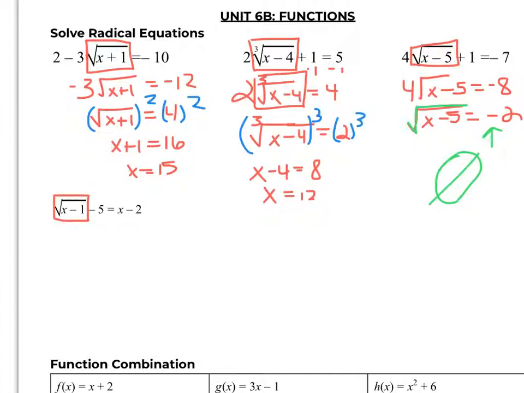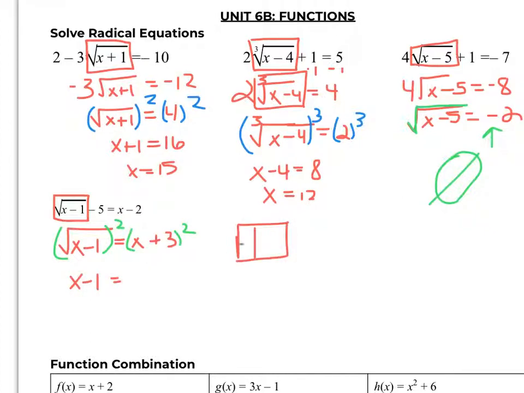So we still need to get our square root by itself. So I need to add 5, but now I have something I need to combine with. So I have x plus 3. Is my square root by itself? Yes. So my step is going to be to square both sides. So I get x minus 1 equals, however it is that y'all are at this point multiplying this out, x plus 3, x plus 3, so that's x squared, 3x, of course I didn't leave enough space in my box, and 9.